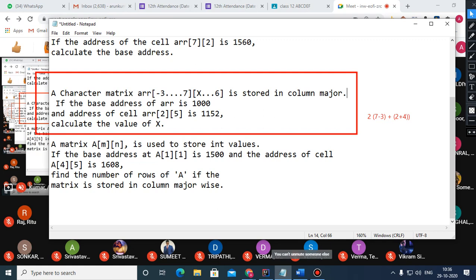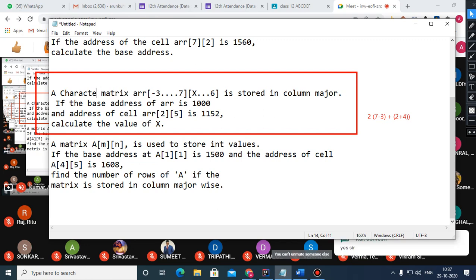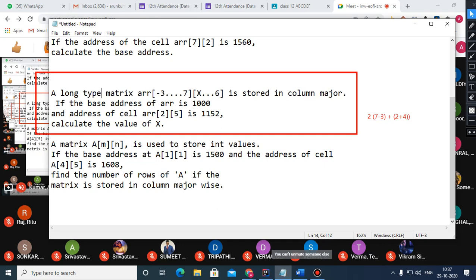Okay, so I'm just converting this to long type. Now you can place 8 bytes in place of that.